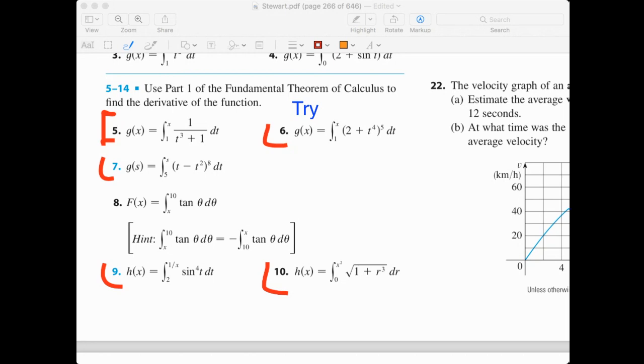Does that make sense? Wait, can you repeat what you said? Okay. You just said the domain of this function is every real number but -1. Yes. So -1 is not in your interval from 1 up to x. Yes.